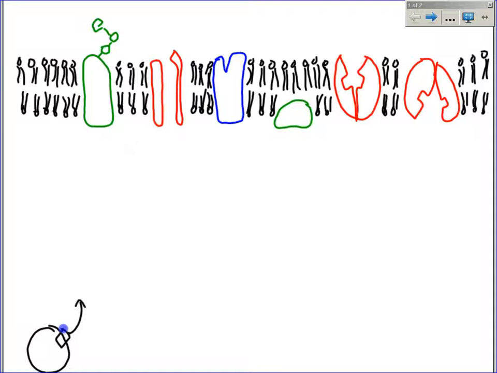Okay, so we need to say what side of the cell is what. So I'm going to say, this is the extracellular fluid right here, or space, you could say. And then inside of the cell, what's inside the cell?